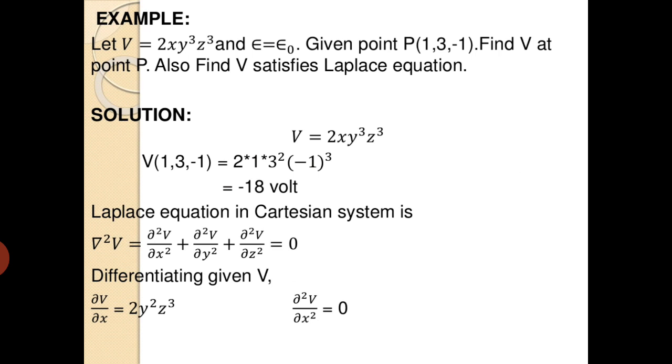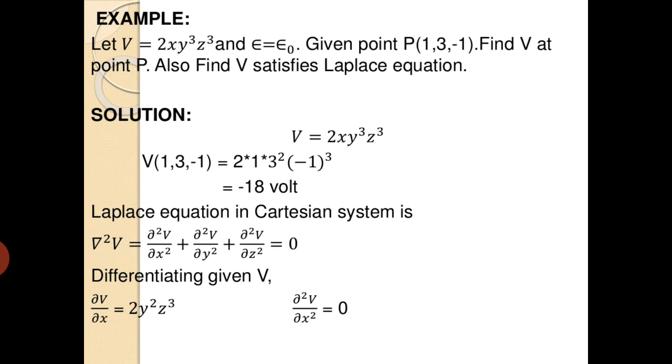As the equation is given in the Cartesian system, we consider the Laplace equation in Cartesian form, that is del square V is equal to dou square V by dou x square plus dou square V by dou y square plus dou square V by dou z square is equal to 0.